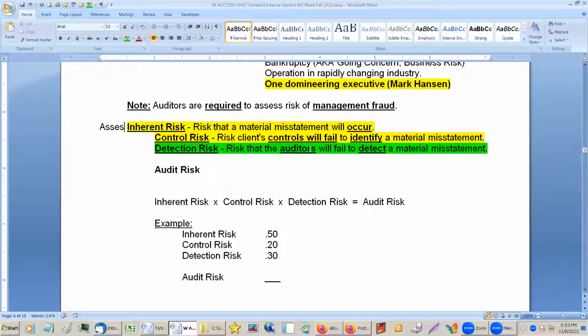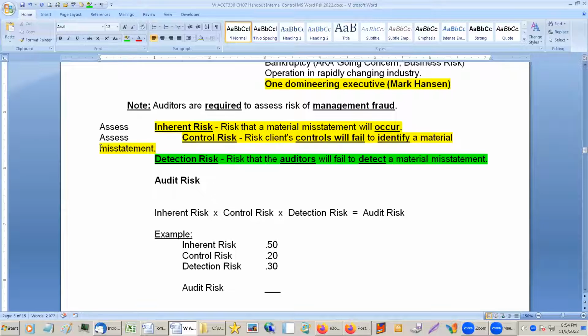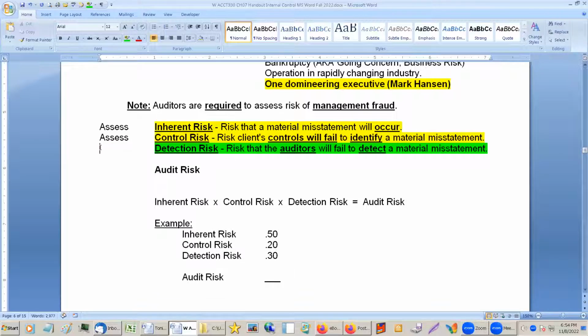I'm making a mess out of this thing, eh? So these two get assessed, but we can't change them. The only thing that we can change is this.